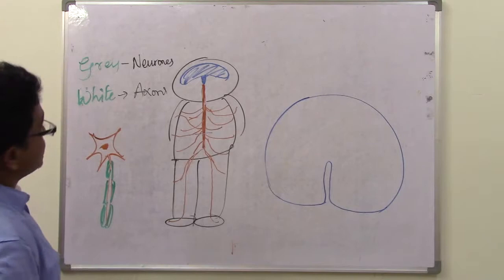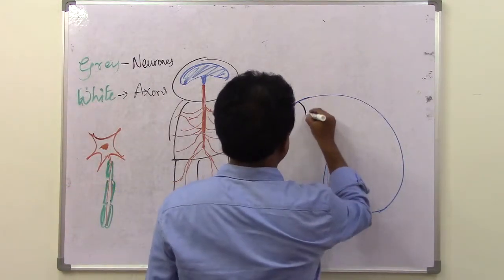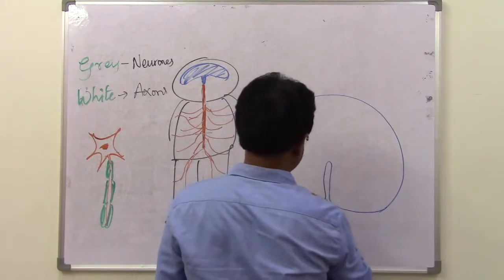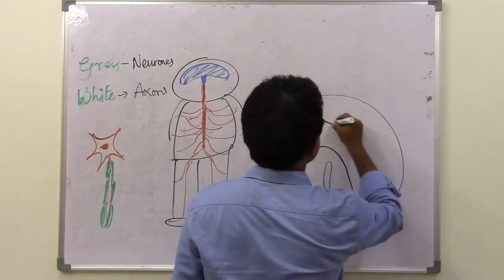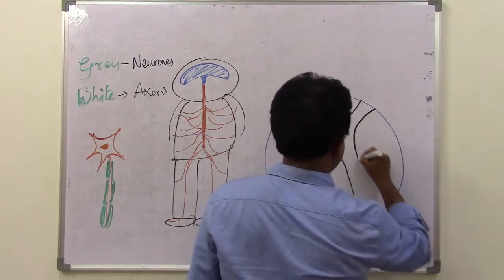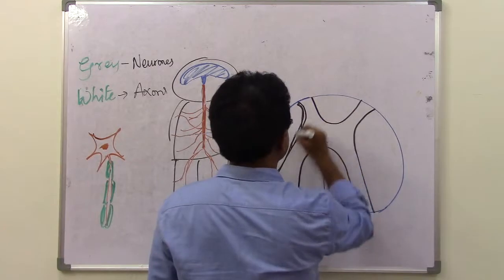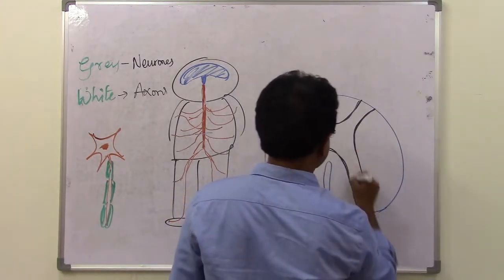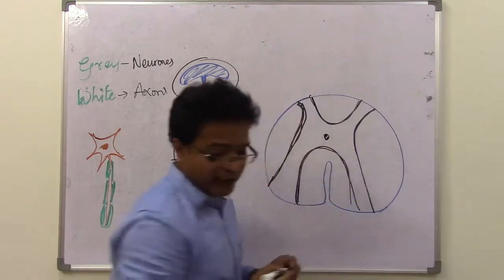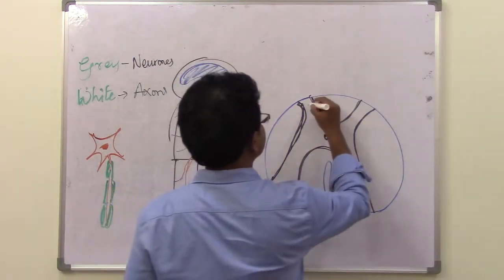Okay. So now we know that in the spinal cord cross section we have gray matter here. This is all gray matter.